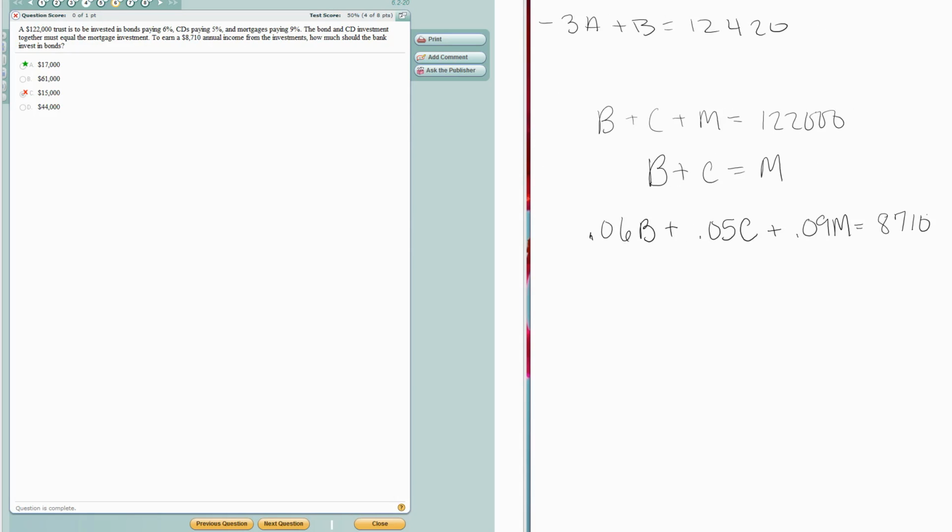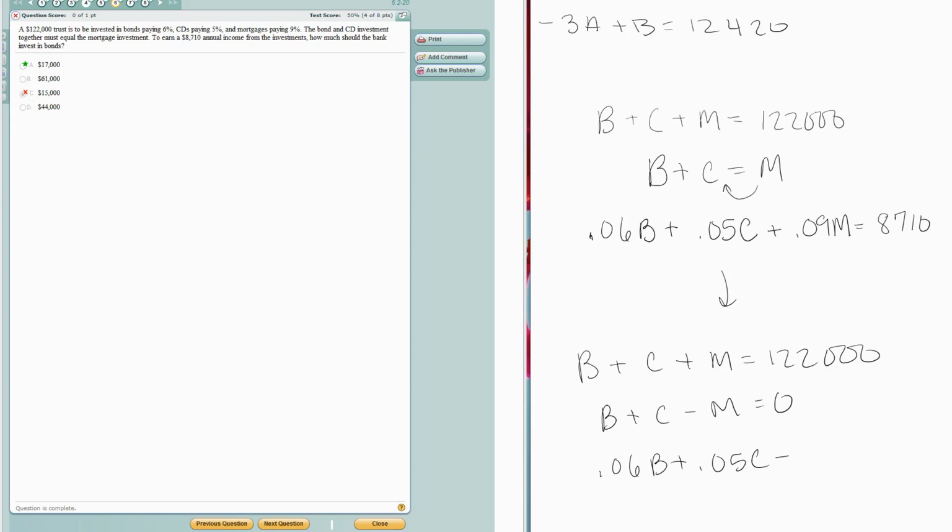Okay, now to put it in our calculator, we'll leave this first one the same. For the second one, we're going to have to move the M over, so it'll be B plus C minus M equals 0. And then this last one can stay the same. Okay, so we will put this in our calculator.